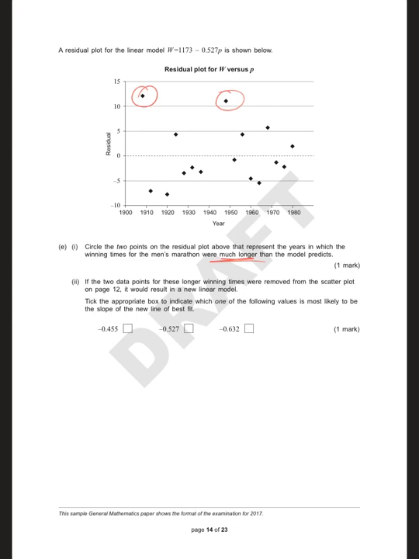If they were removed, the line would not point up so far. So right now it's like this. These 2 points are pulling it upwards. They're not exerting a force obviously, but they're pulling the line upwards. If they were removed, the line would get a bit flatter, so less steep. So right now it's negative 0.527. The least steep would be negative 0.455. That's the way you can sort of work it out in your head visually if you wanted to.